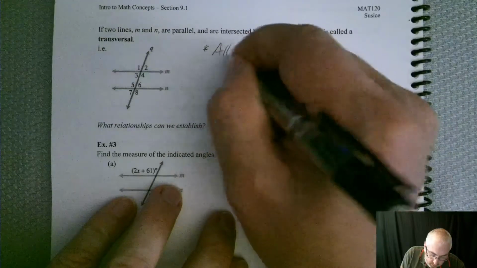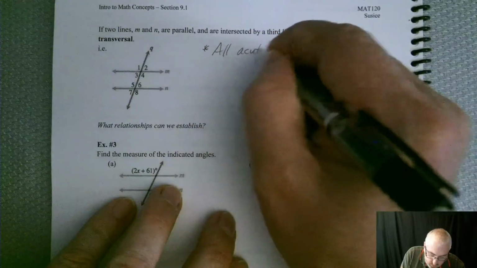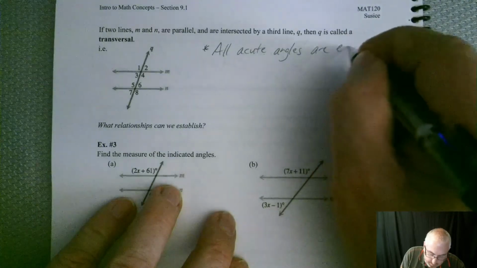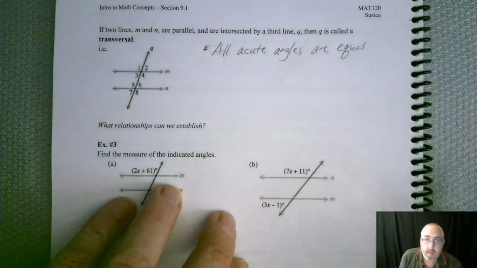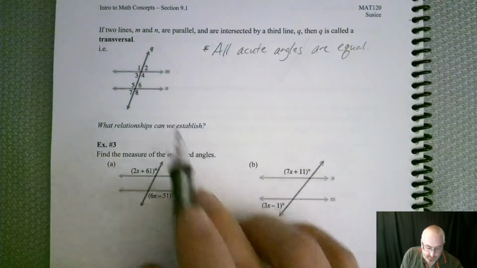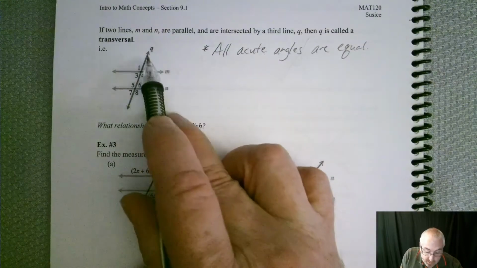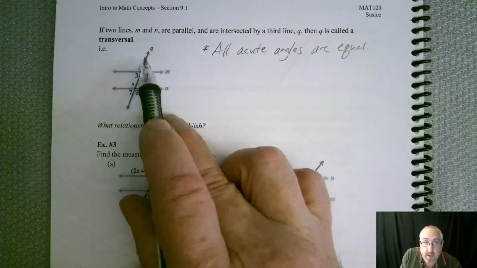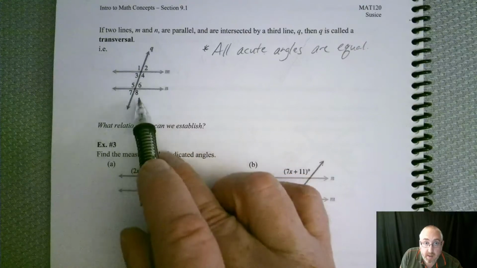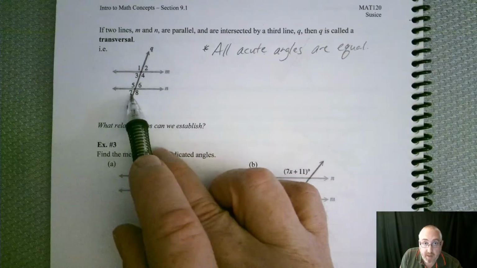The first one is that all acute angles are equal. That is a blanket statement that will tackle things like angle 2, which we can see is less than 90 degrees. Angle 3 is less than 90, angle 6, angle 7.